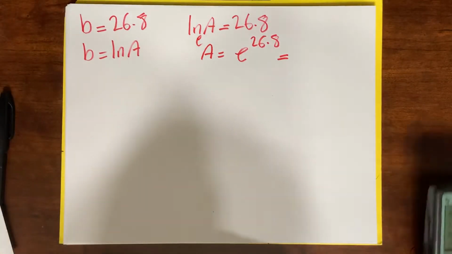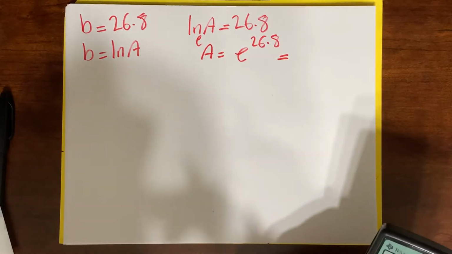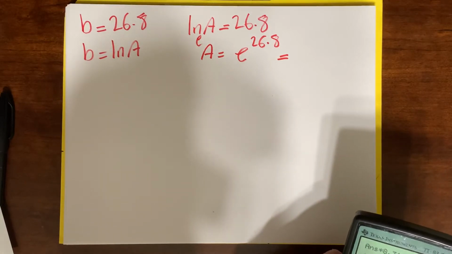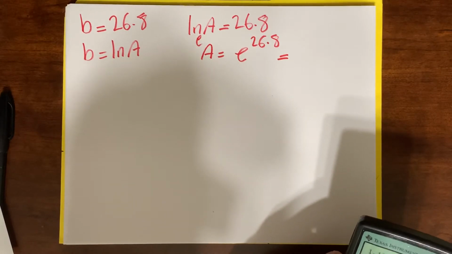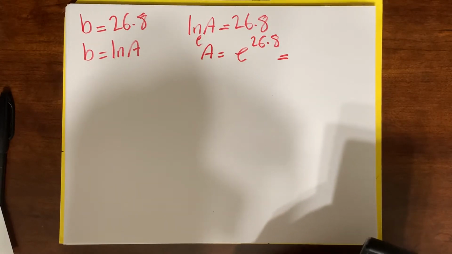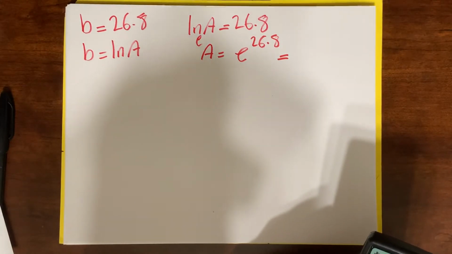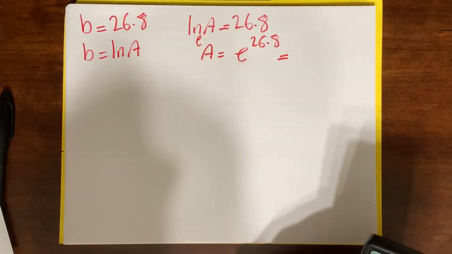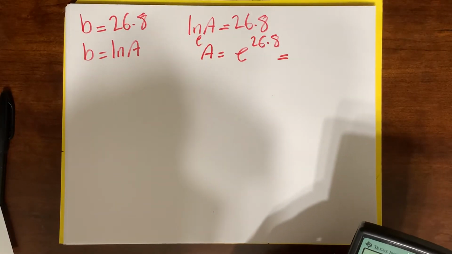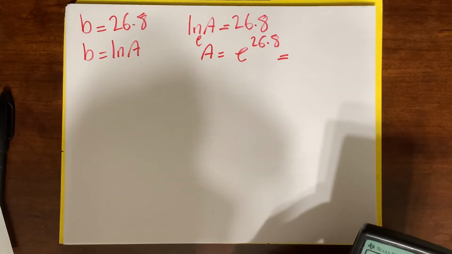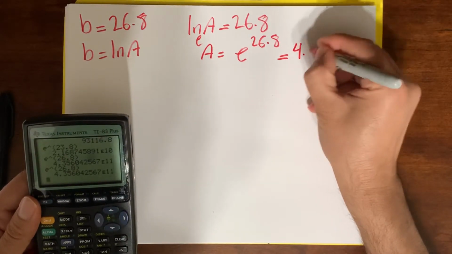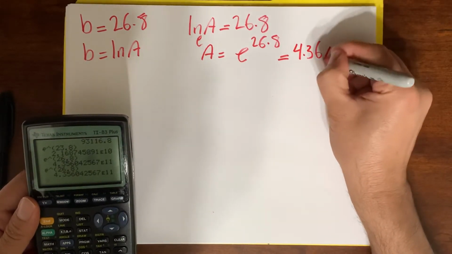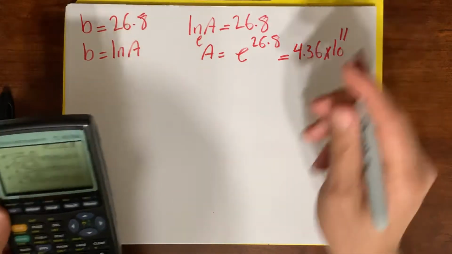And that is going to give us the frequency factor, or number of good collisions. Okay, 4.36 multiplied by 10 to the power of 11. Double check. We have 26.8, so the number is 4.36 multiplied by 10 to the power of 11.